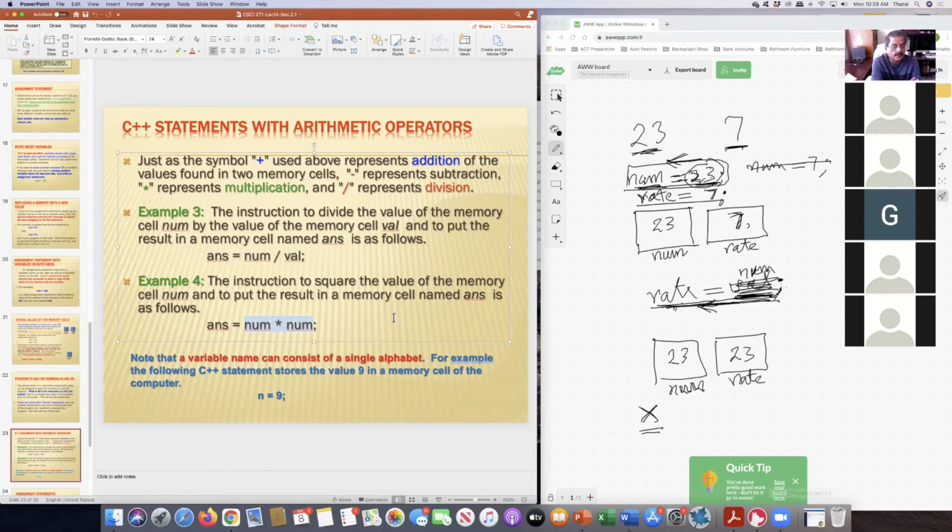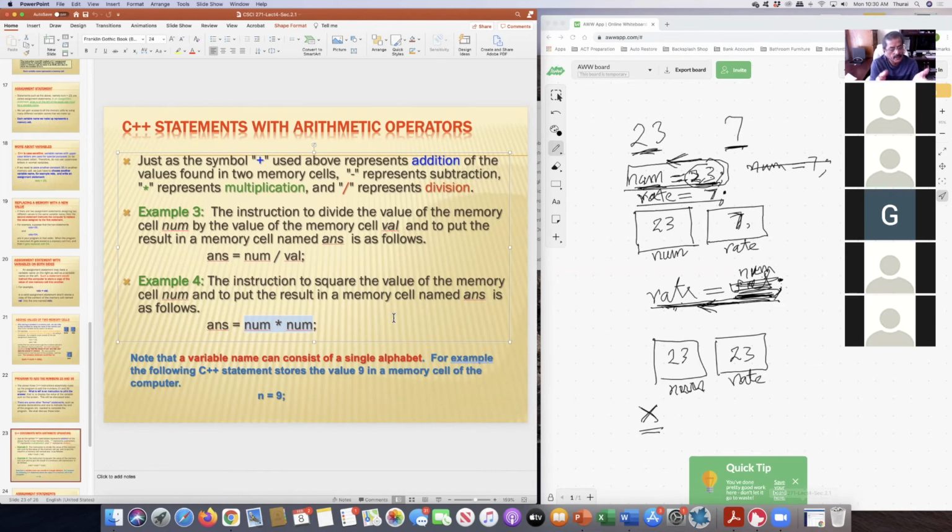There are ways to handle large exponents that will be coming up much later in the course. Near the end of the course, we will be learning those ideas because they are not built into the language. They are coming from other means. So basically what you have to remember is there's no exponent. The only way to get a square is to multiply twice.